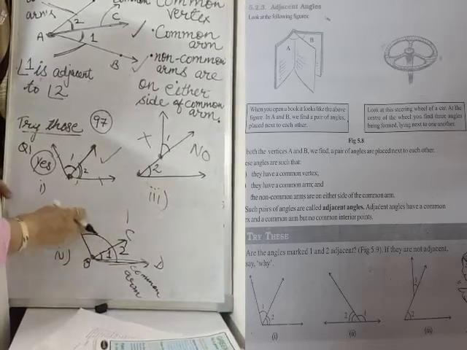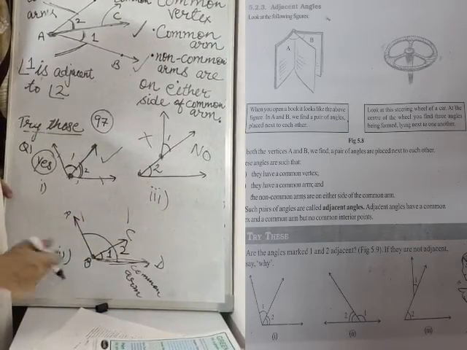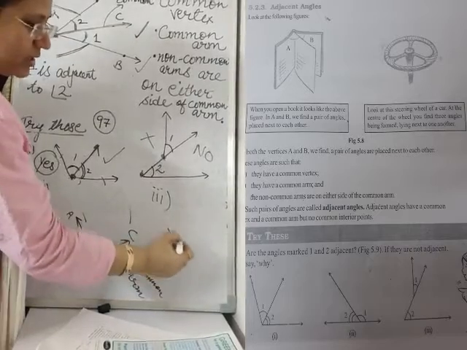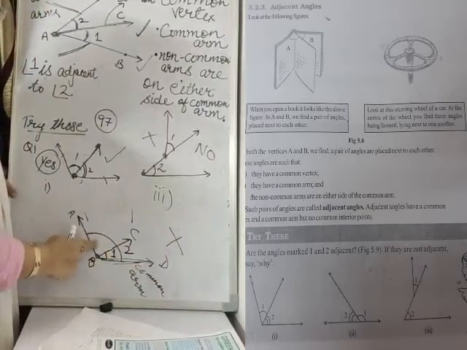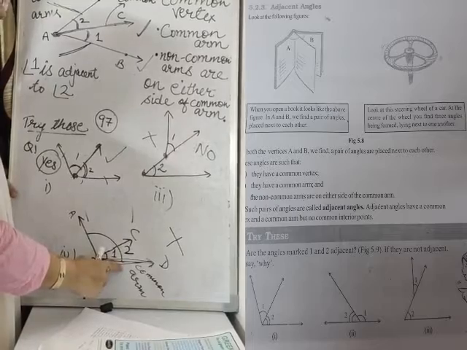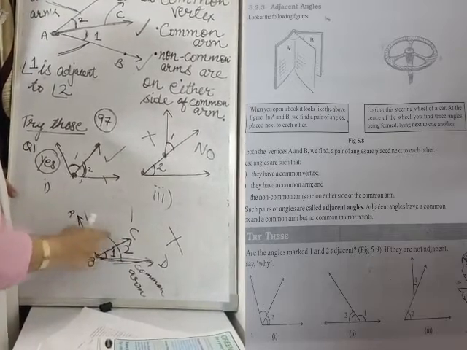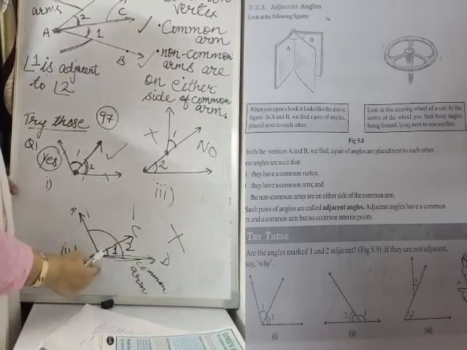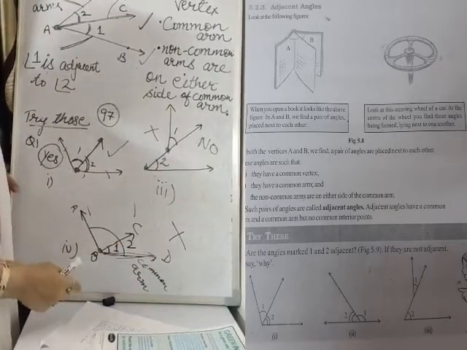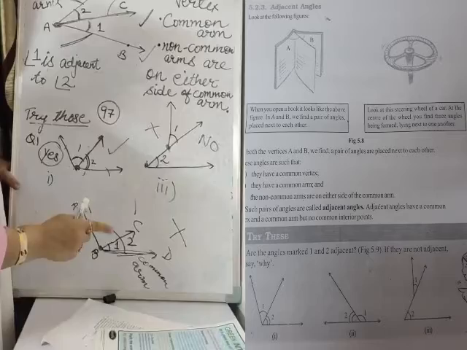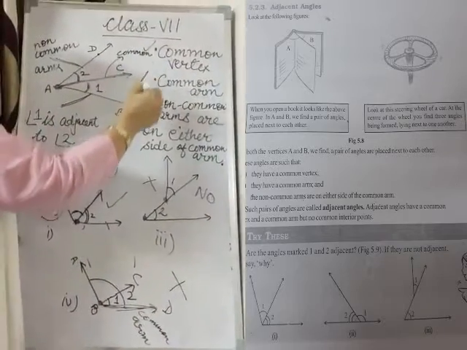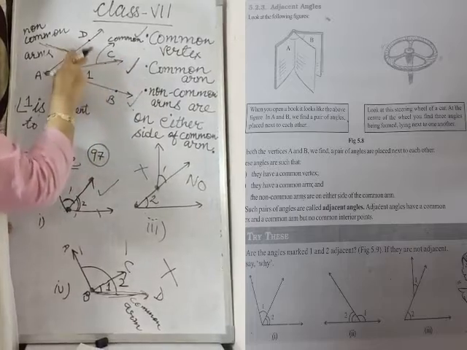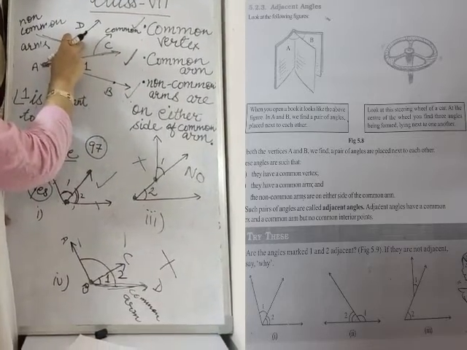Are they on either side of the common arm? No. So the third condition is not verified. So you will say no, angle 1 is not adjacent to angle 2, because the non-common arms are on the same side of the common arm. I hope you understood this topic. I am repeating, these three conditions should be verified before saying that angle 1 is adjacent to angle 2.